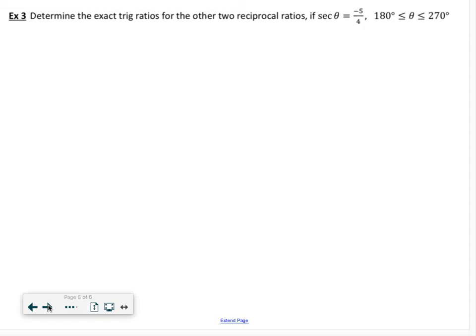So if I've got secant theta equals negative 5 over 4, well, that means I'm going to have 1 over cos theta equals negative 5 over 4.